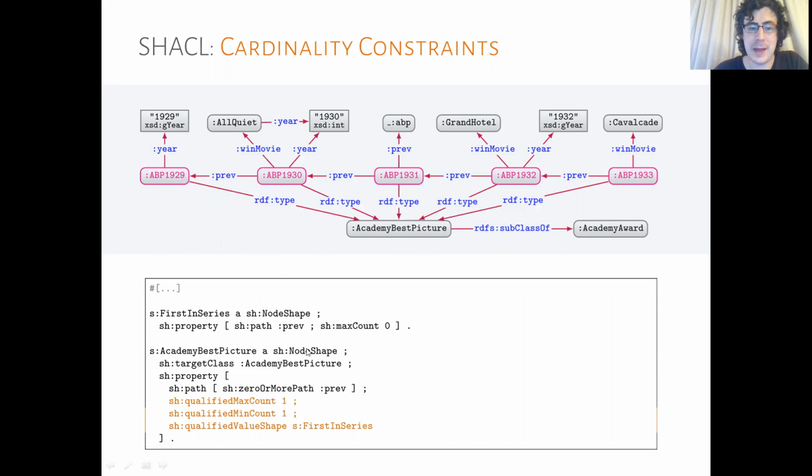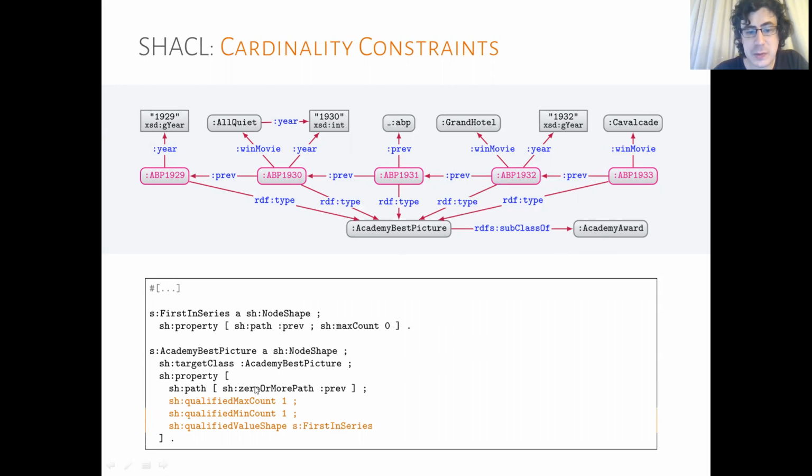Okay. And then what we're going to say here is we have Academy Best Picture targeting this class here. So we see that all these nodes are targeted. And then we're going to say on the path of 0 or more previous, that each of these Academy Best Pictures has precisely one first in series. So it has precisely one in this path that has no previous path.